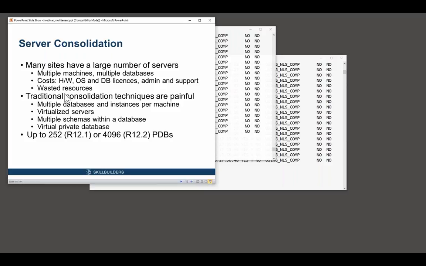So rather than running multiple databases on one machine, many people go for virtualization, virtual machines. And when I hear the word virtualization, I get a bit frightened. Sometimes it works, sometimes it doesn't. And even if you do use many virtualized servers, then you're multiplying the operating system images. The Oracle administration may be easier, but you've got so many operating system images to maintain and patch.